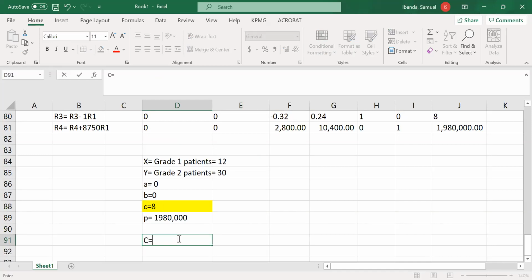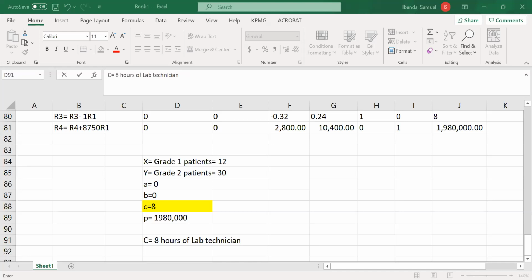This C, which is equal to 8 hours, these are 8 hours of the lab technician which are under redundancy in the week. So this is what you needed to do to give.